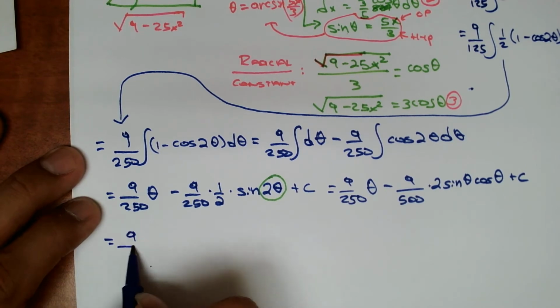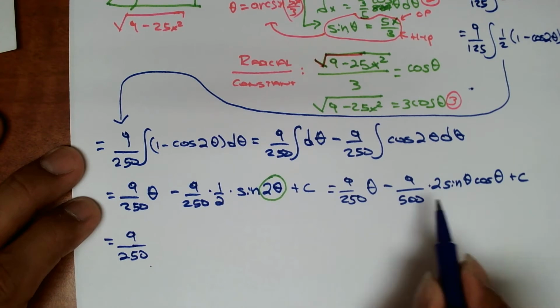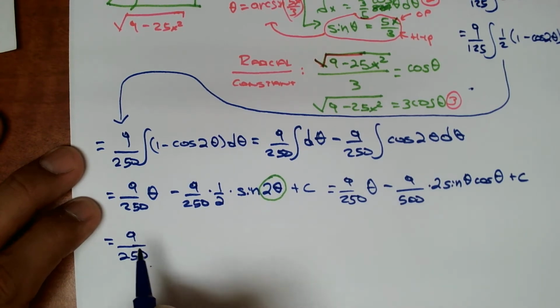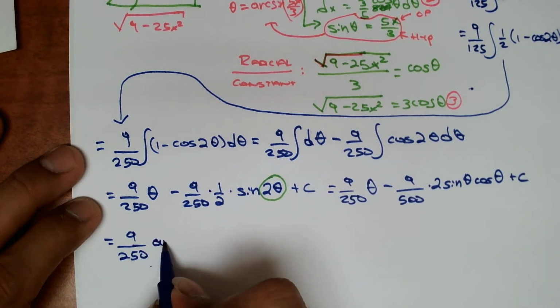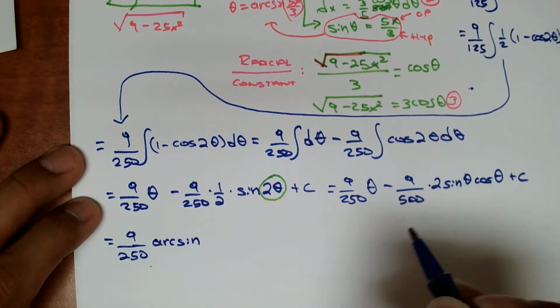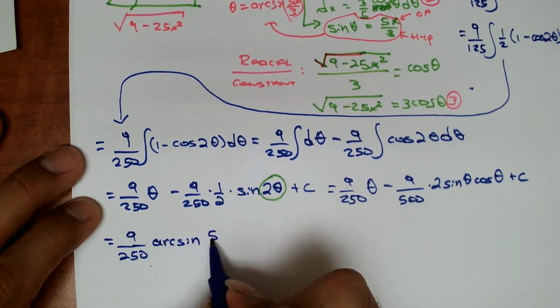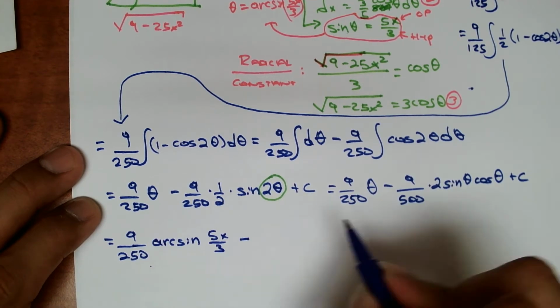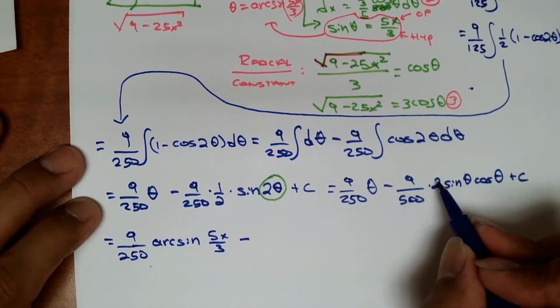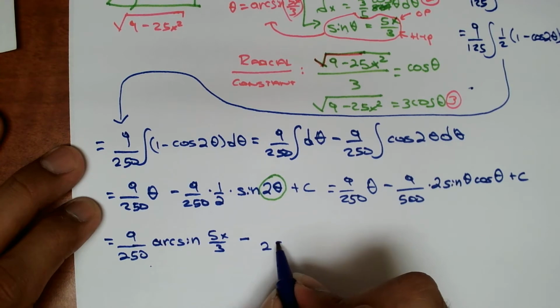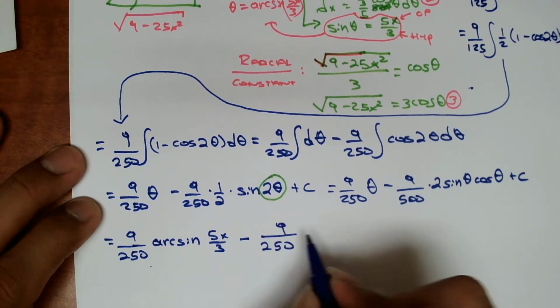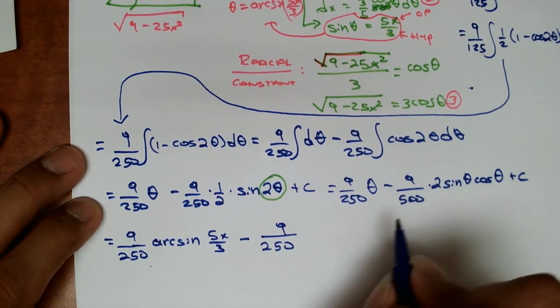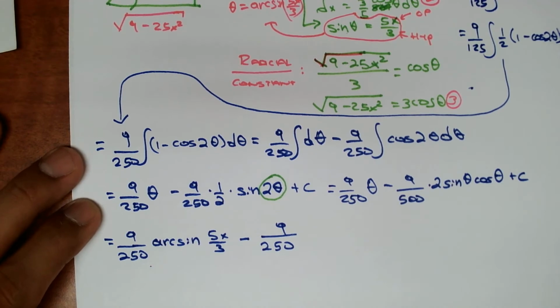So 9 over 250, and instead of theta, we're going to go arc sine of 5x over 3, minus, again this 500 will become a 250 because 2 over 500 goes into 250 in the denominator.